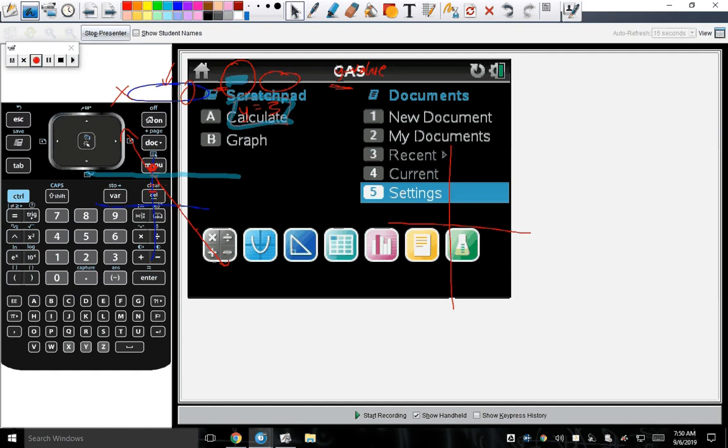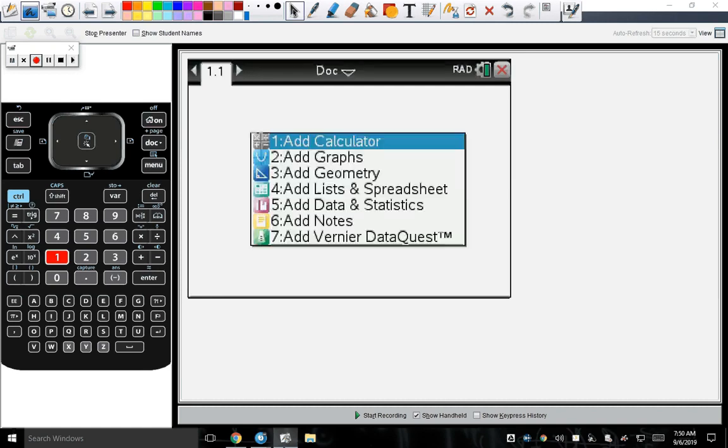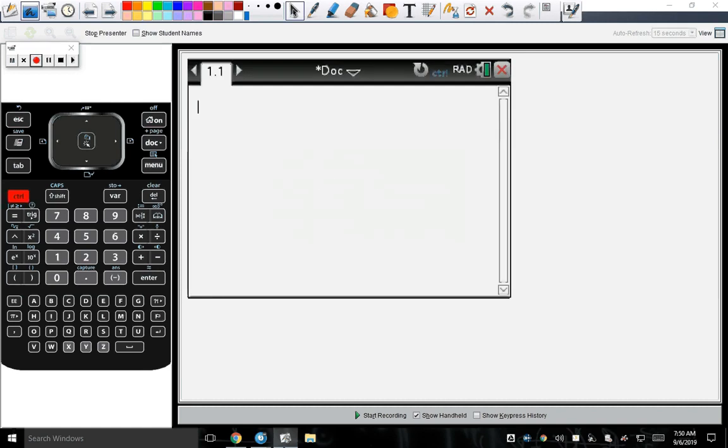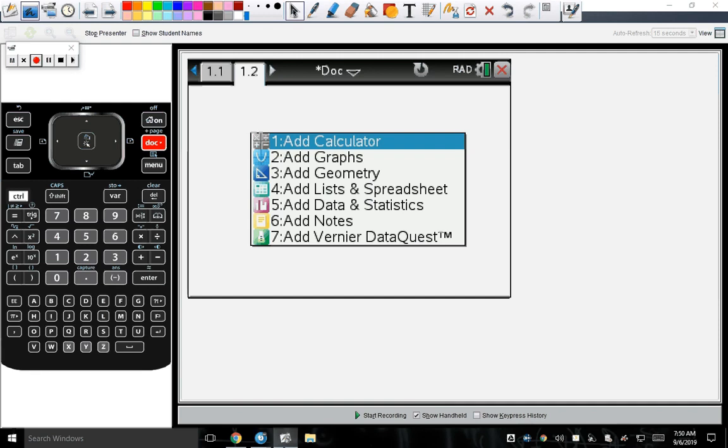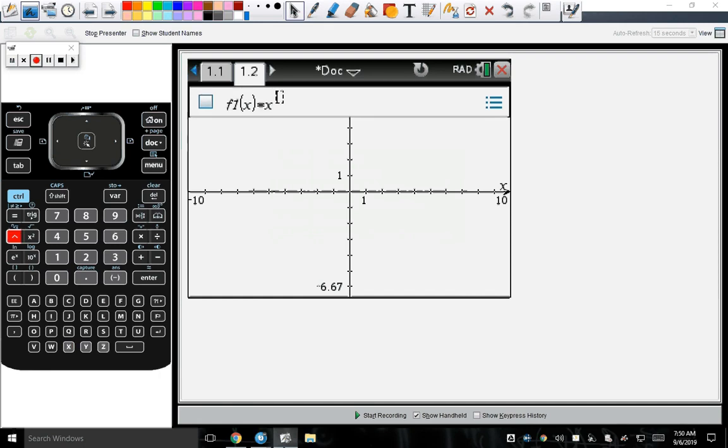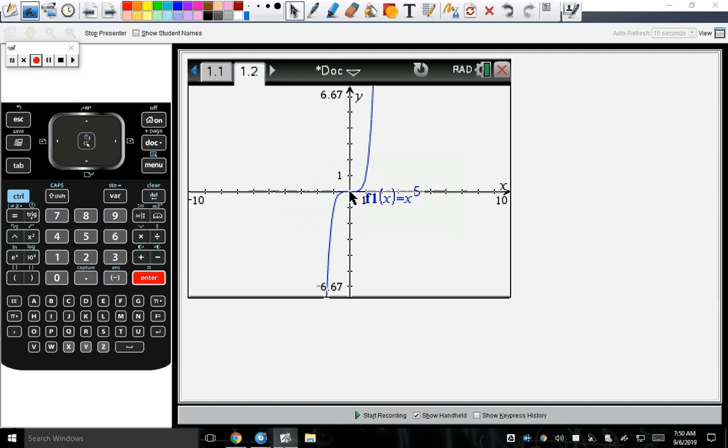Let's go to the calculator. We're going to press 1 for new document, 1 to add a calculator page. We're going to do Control Doc to add a page, and it's going to be 2 because it's graphing. And we're going to put x to the power of 5. So this is actually what it looks like. So it is cubic-looking. I thought so.